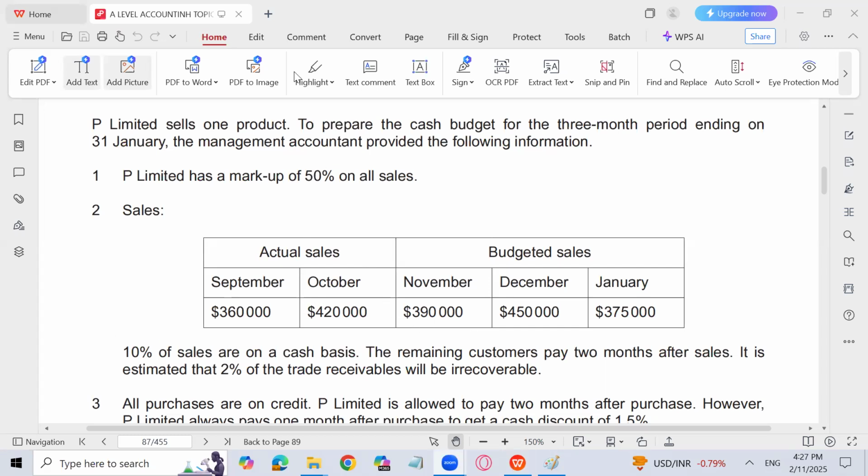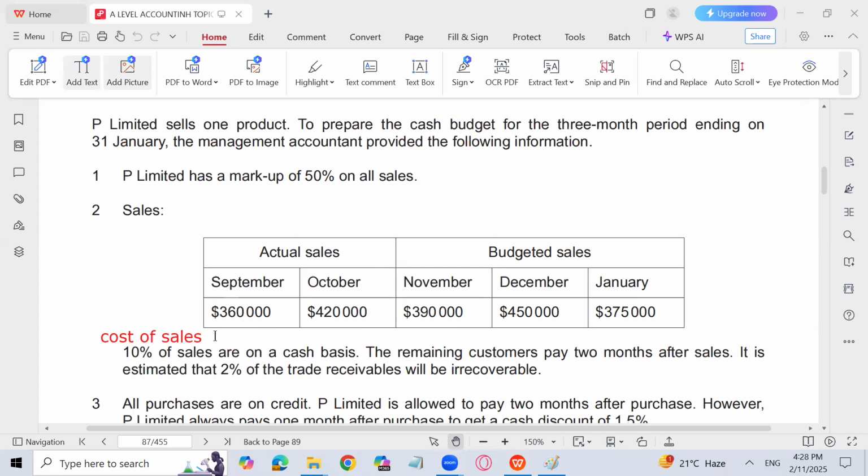I will write here: cost of sales. How will I write? September 3,60,000 into 50 over 150, because we have to convert markup into margin first, and then I will subtract the profit from sales to get the cost of sales, right?